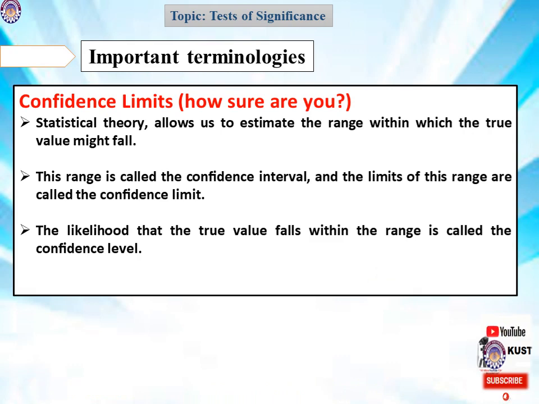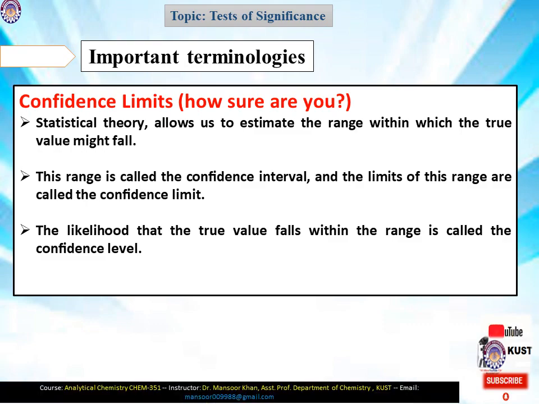Another important terminology is confidence limits and confidence interval. Now, often we will see in test of significance that at 95% confidence limit, at 90% confidence limit, or at 99% confidence limit.